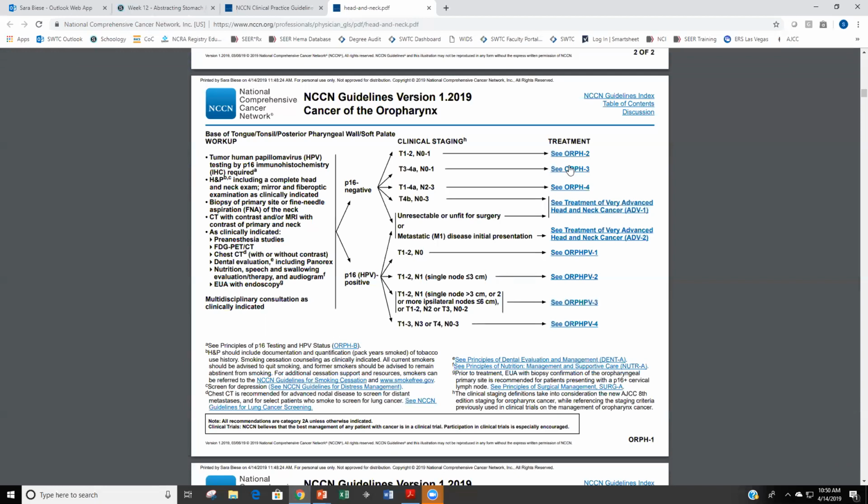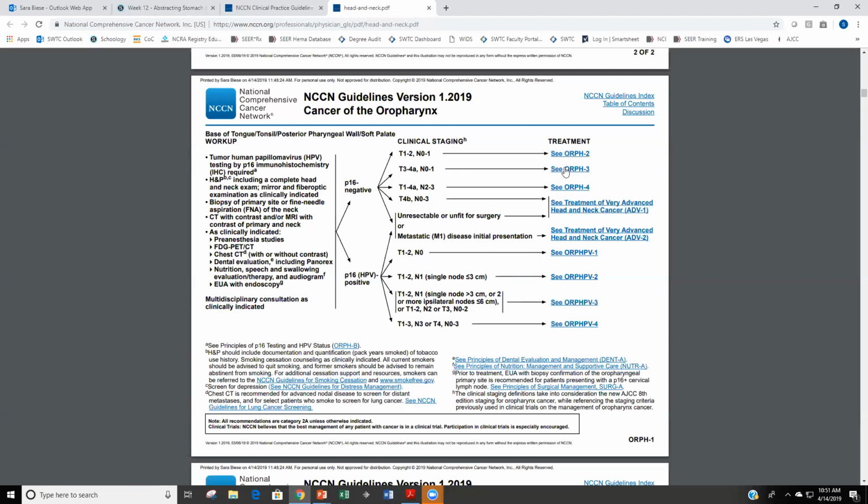And then we'll go through the treatment options. And as you can see here, a T4B, N0 to N3, that's when you see the treatment of very advanced head and neck cancer. Or if the patient has unresectable disease or is unfit for surgery, you would also see that section. Or if the patient had distant metastatic disease, that's considered very advanced.